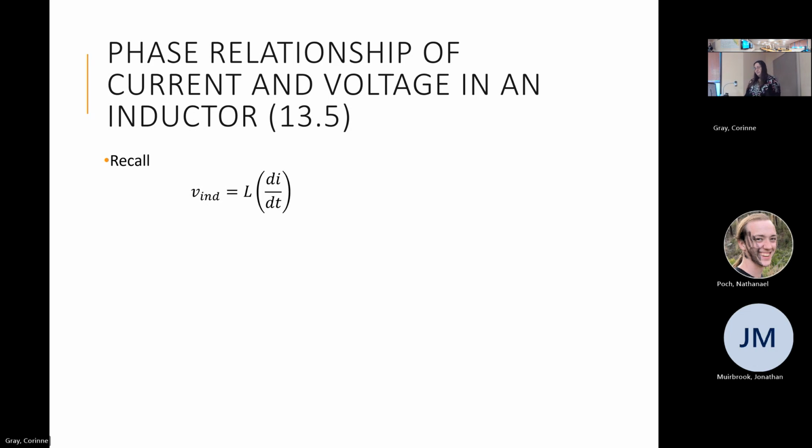So, let's talk about the phase relationship between current and voltage in an inductor. This is our equation here. We're going to move into our AC sources. We have the induced voltage is equal to the inductance times the time derivative of our current. We've seen a couple different ways with an AC source that we can represent our equation for our sine function.